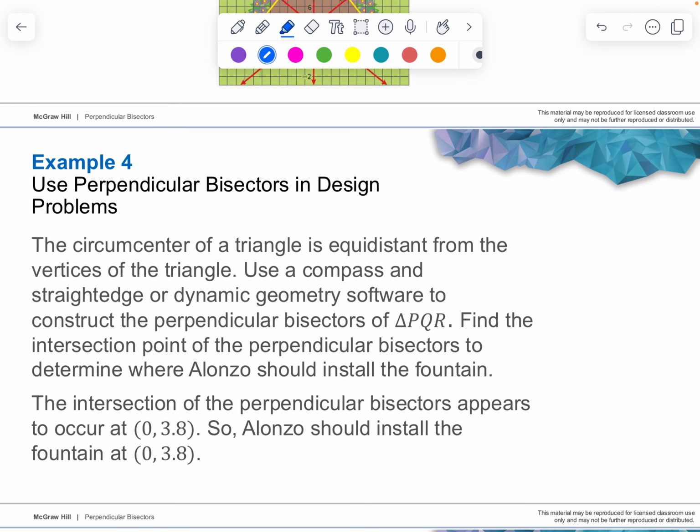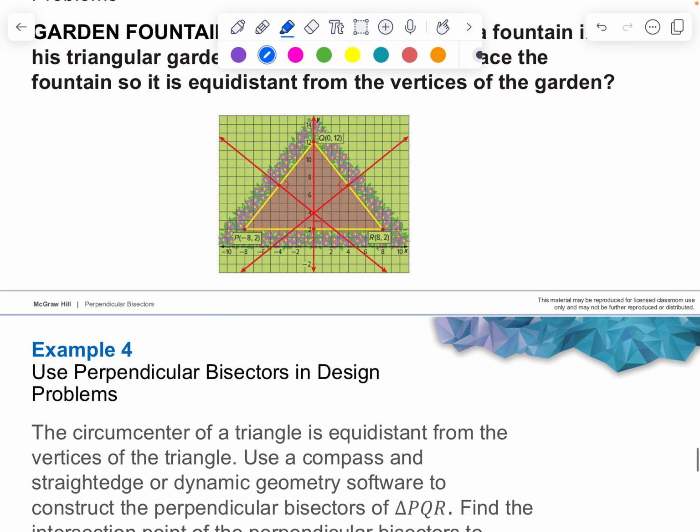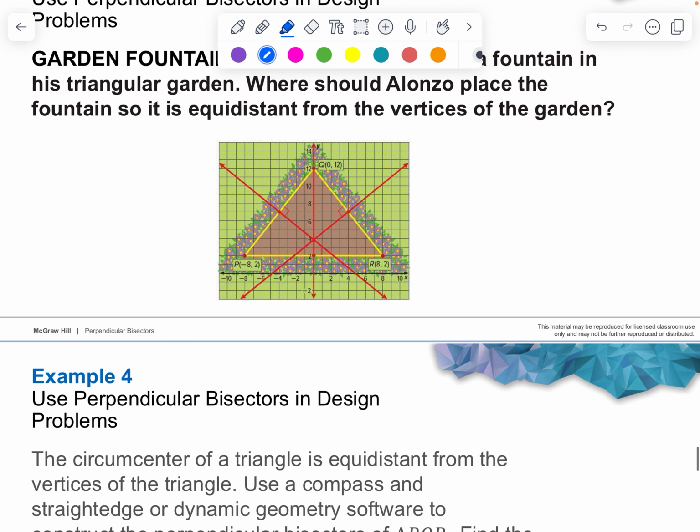Use a compass and a straight edge to construct the perpendicular bisectors. So this is where we do constructions, and you're going to have those in ALEKS. And remember how we did those, where you have a segment, and from each end, you make a swoop the same length from this one, and then from this one, and then there you go.